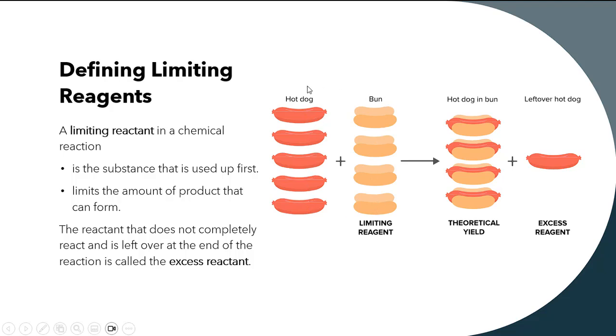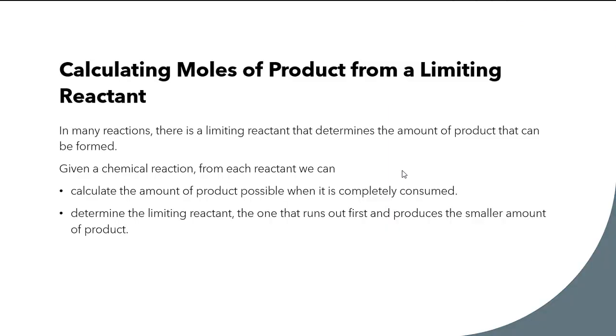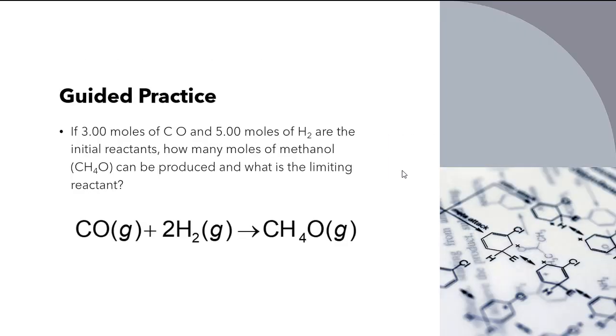If we assume the buns, then we can only make 1, 2, 3, 4, because our reaction stoichiometry is 1 to 1, right? We need one of each to make a full hot dog. Since the buns make fewer hot dogs, they are our limiting reagent. 4 versus 5, right? So that's how we predict our limiting reagent.